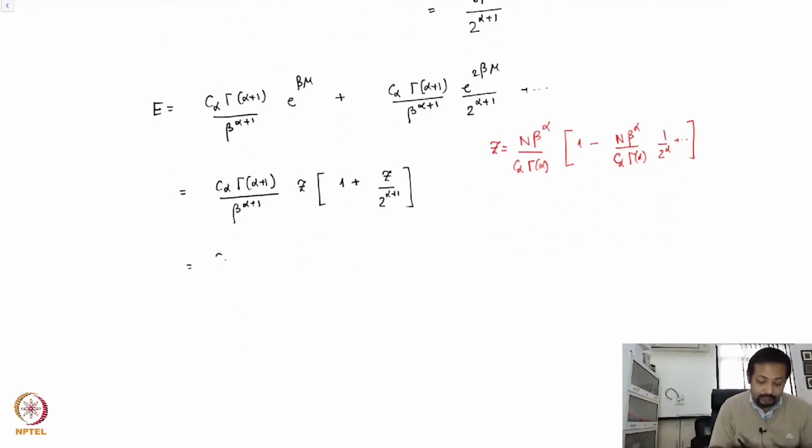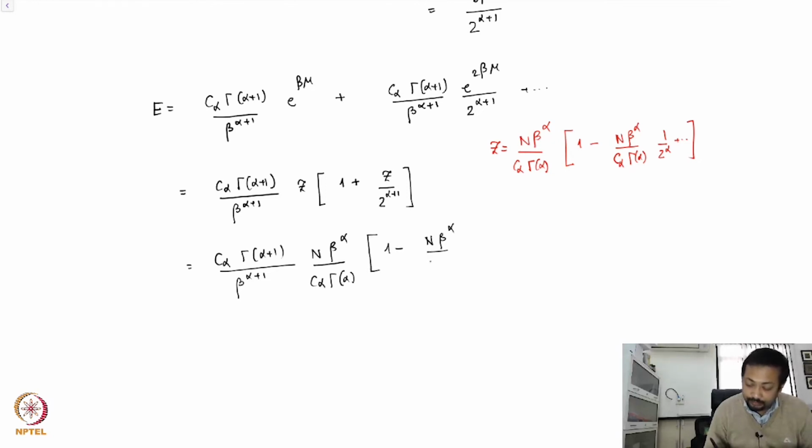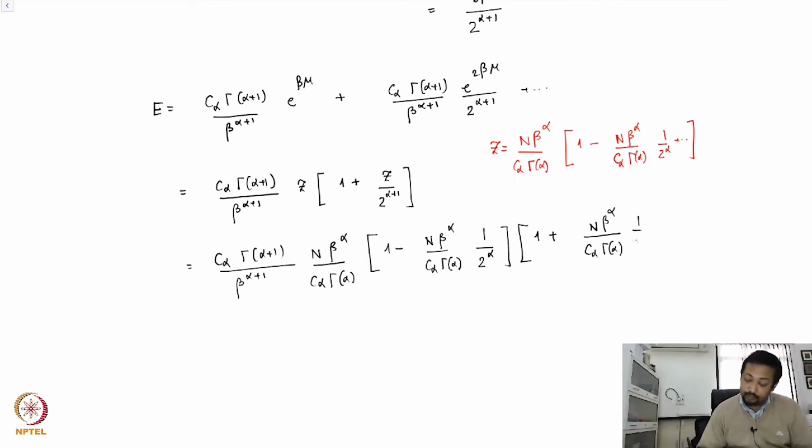So that this becomes c_α Γ(α+1) β^{α+1} times [n β^α / (c_α Γ(α+1)) minus (n β^α / (c_α Γ(α+1)))^2 / 2^α] times 1 plus n β^α / (c_α Γ(α+1)) times 1 over 2^{α+1}.